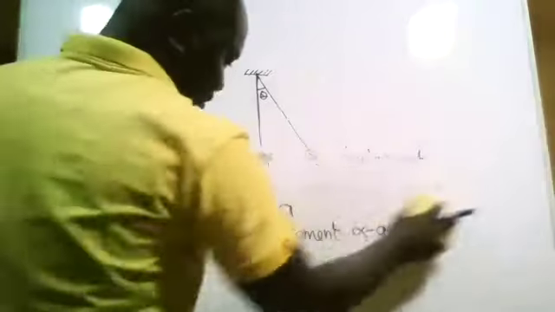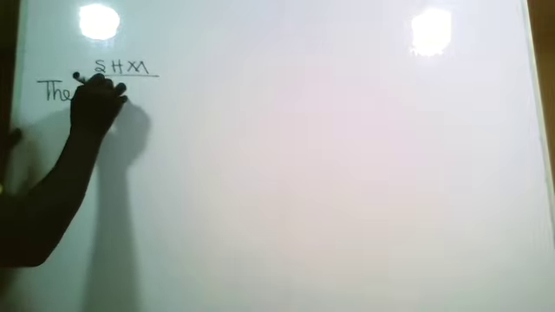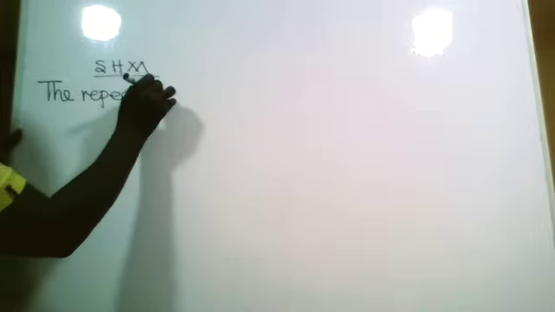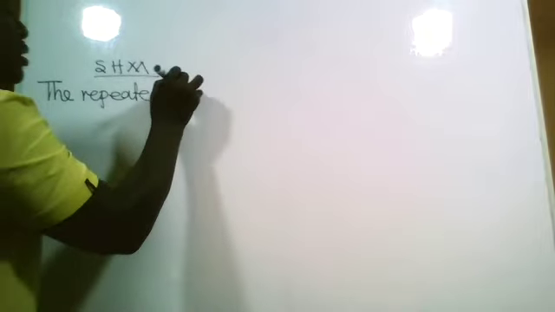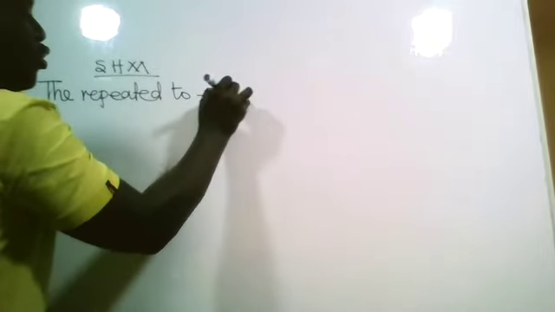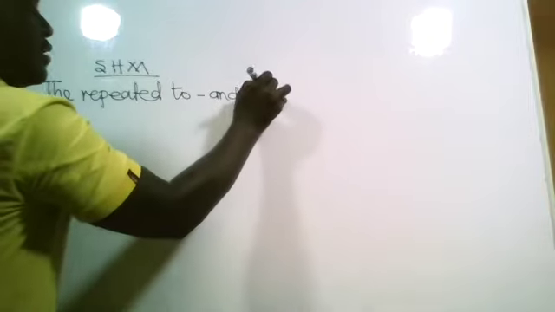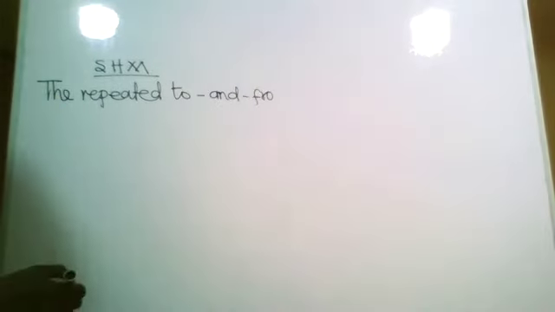So let's look at the definition of simple harmonic motion. We define this as the repeated to and fro, or up and down.